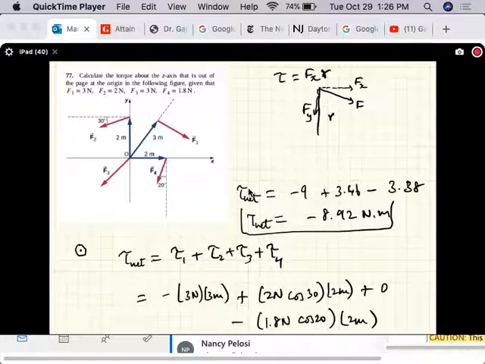So that is the net torque, and that's what was being asked. Do you guys have any questions on that? Okay, that finishes that problem.